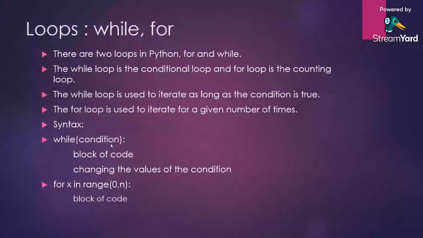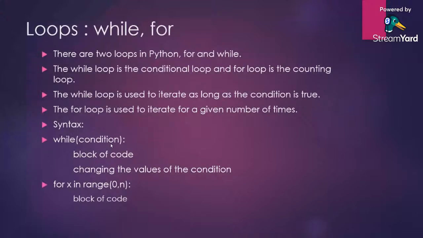When you want to do a process many times, we use loops. There are two types of loops: while loop and for loop.